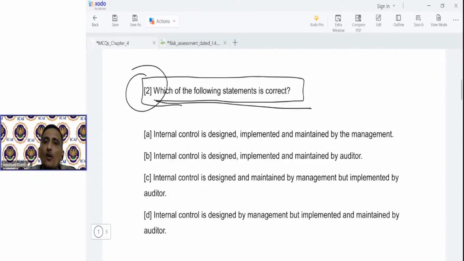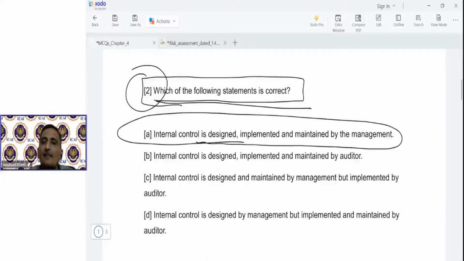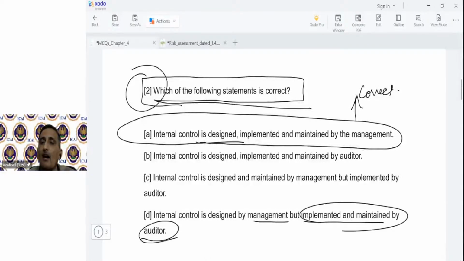Internal control is entirely the responsibility of the management. The correct answer is A. How are you writing D? It is designed by the management but implemented and maintained by the auditor. How? It is only evaluated by the auditor.